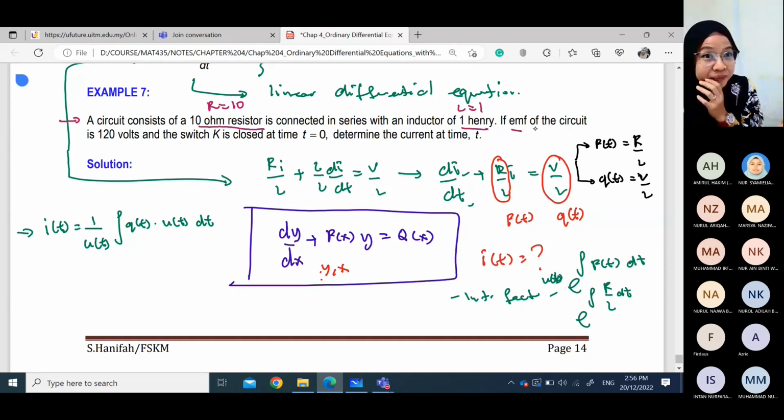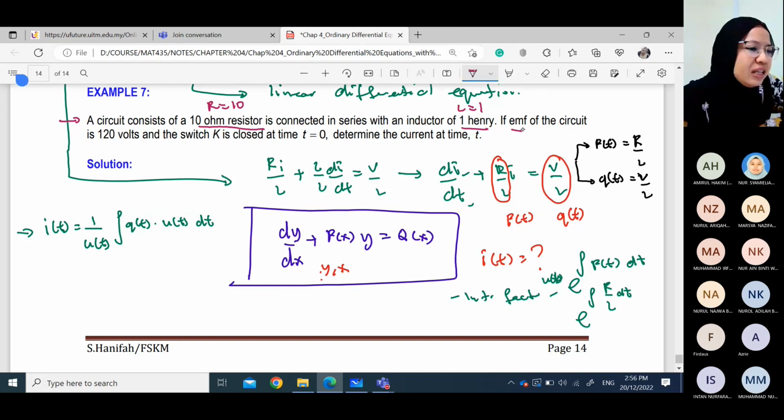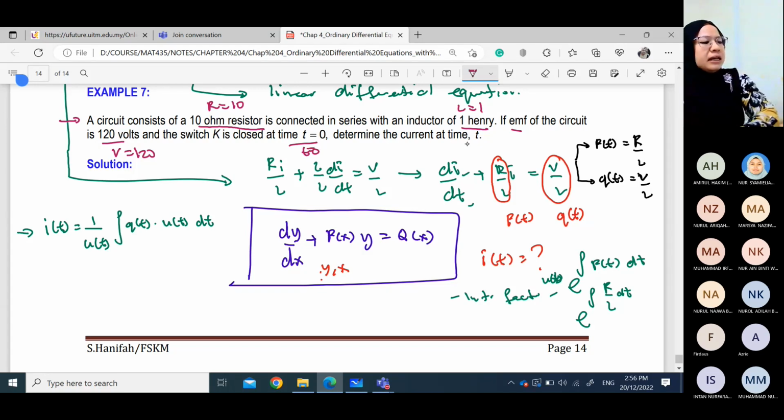Electromagnetic force. EMF ataupun voltage lah. Total energy. Okay, so if EMF of the circuit is 120 volts, so this one is our V, and the switch K is closed at time equal to 0. So now determine the current at time T.